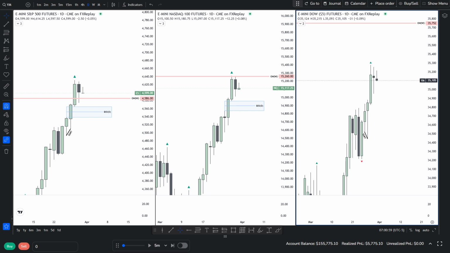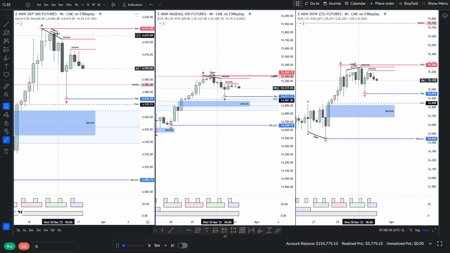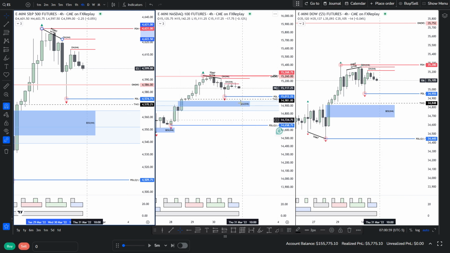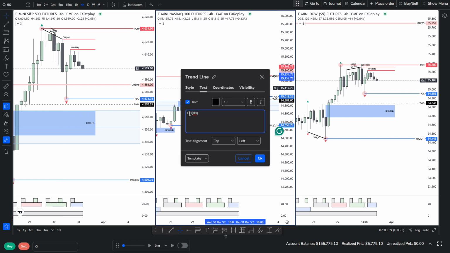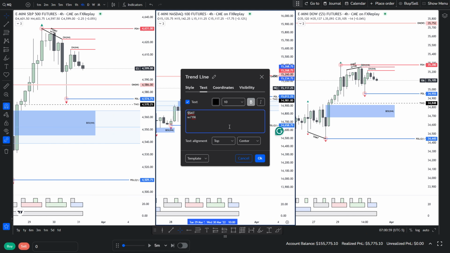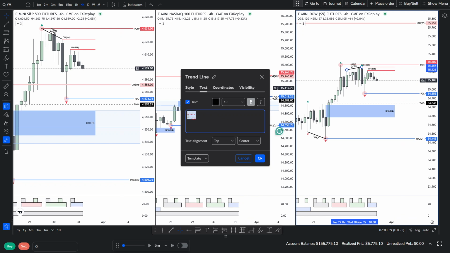Now remember, in fact, I should preface this because I haven't. This is actual partial SMT. It's just a key level within there. It's not the highest levels of the day.